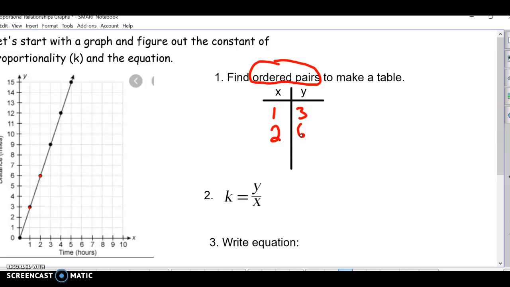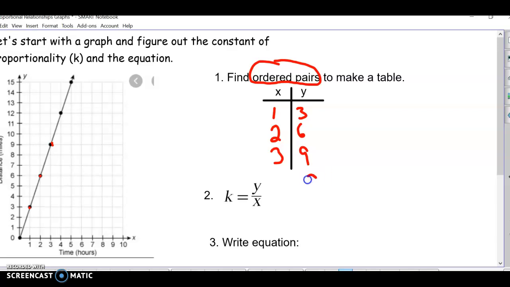And then we'll do one more. When I go over 3 and up to the line, I can see that when x is 3, y is 9. Okay? Once you have your ordered pairs, we remember that k, our constant, is equal to y divided by x. Y divided by x.